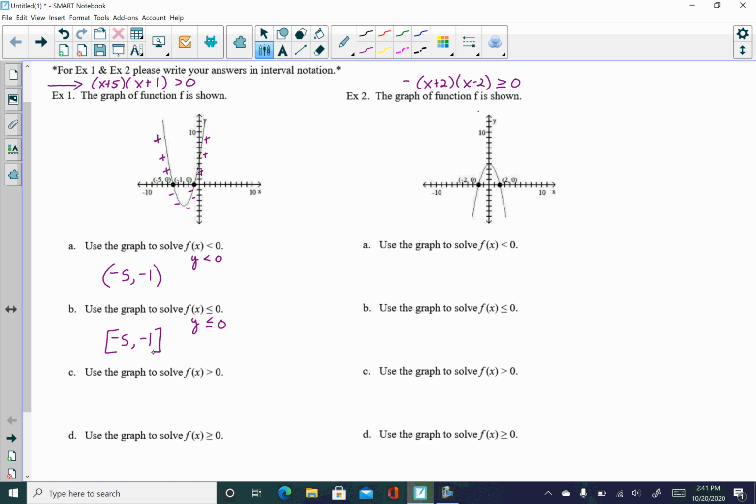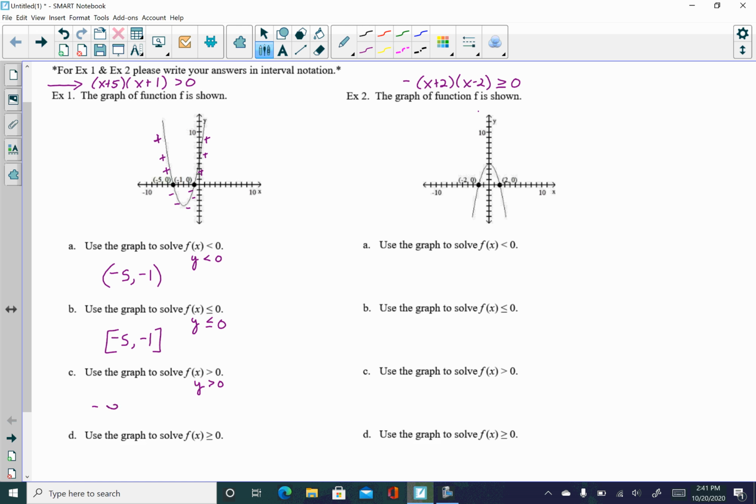Now in letter C, I'm asking where is my function greater than 0, or where are my y values greater than 0, where are my y values positive? So I want to come up here and choose intervals for where I have these plus signs. So the first interval would be from -infinity to -5. Parentheses on both, and then pick up -1 to positive infinity.